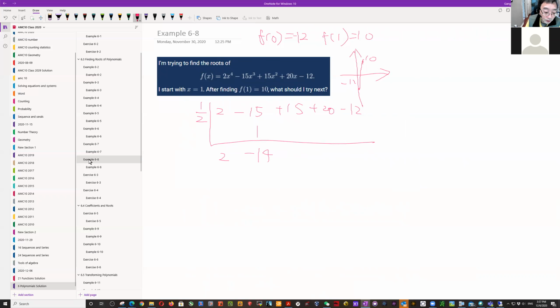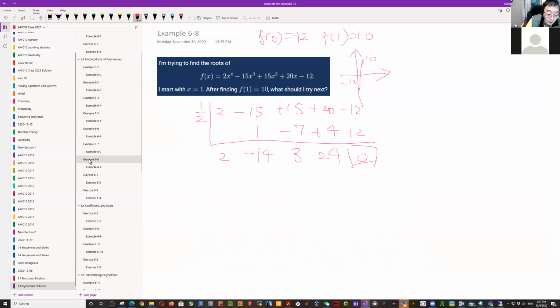This is negative 14, and it's going to be negative 7. This is going to be 8. 8 multiplied by 1/2 is plus 4. That's 24. And 24 multiplied by 1/2 equal to 12. So those cancel out to be 0. So we did solve one.